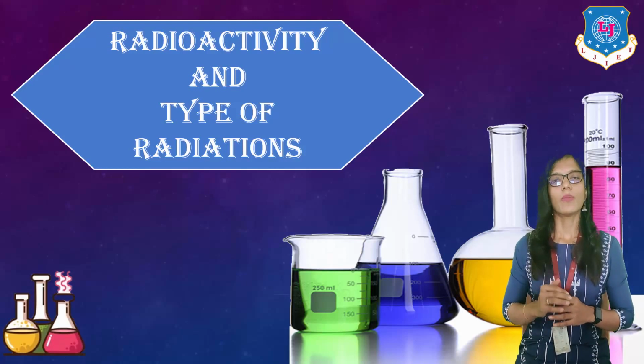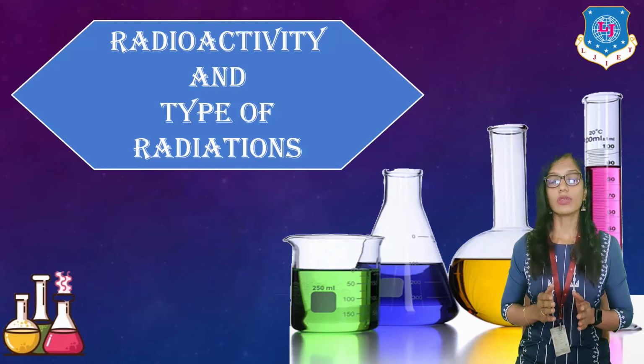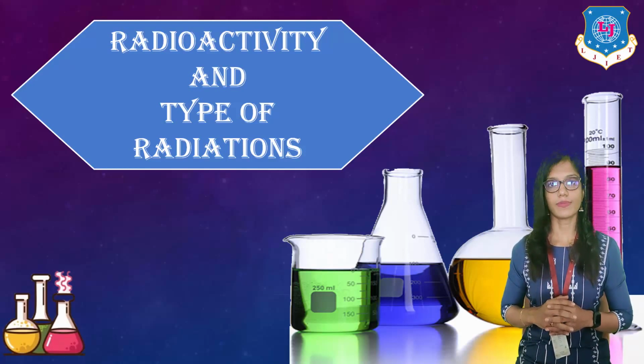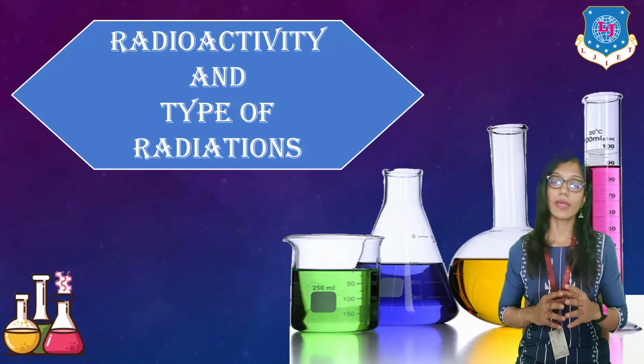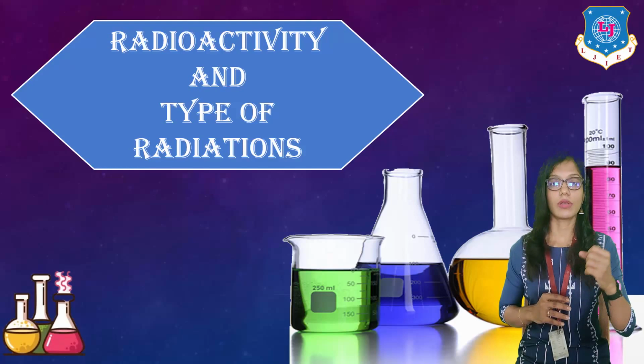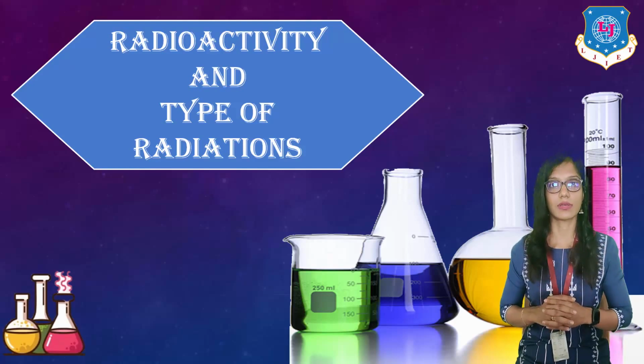Generally, the atomic nucleus contains protons and neutrons. When a change in protons and neutrons occurs, radiation is emitted or disintegration of that nucleus occurs.